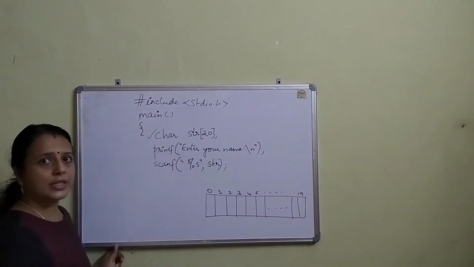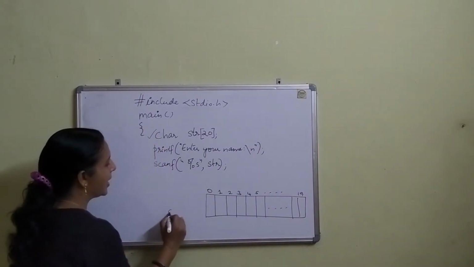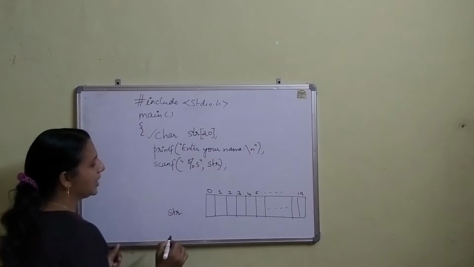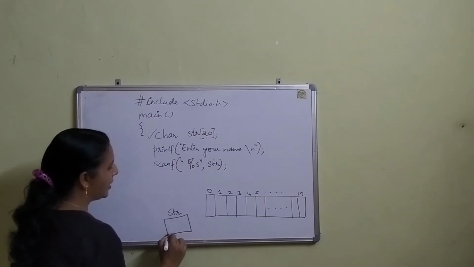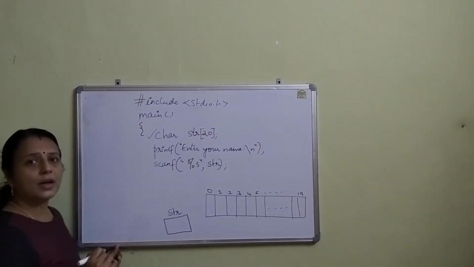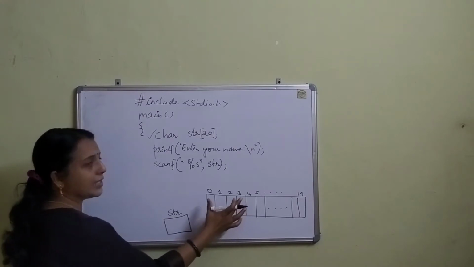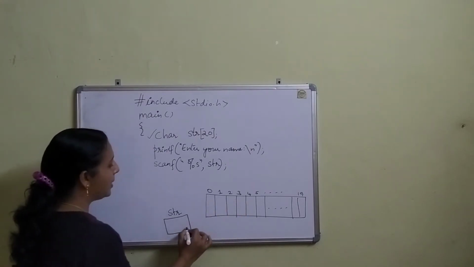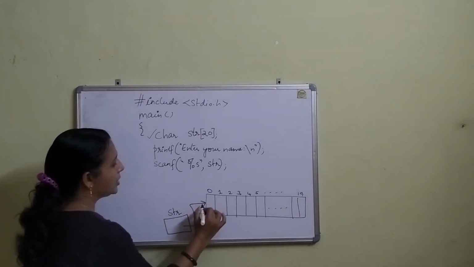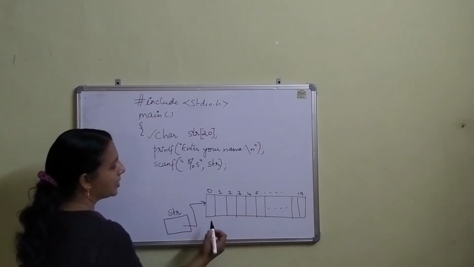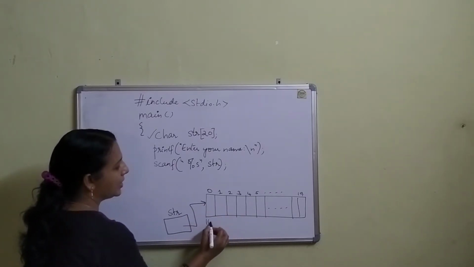That is a size of 20, and this is the character array variable str, which is going to hold the base address of this allocated array. Suppose the base address of this array is 100.